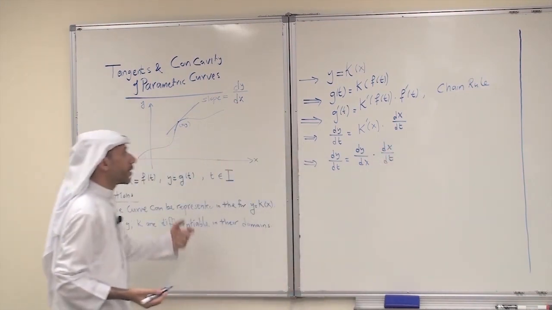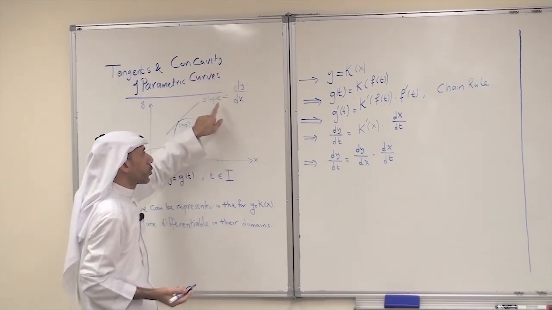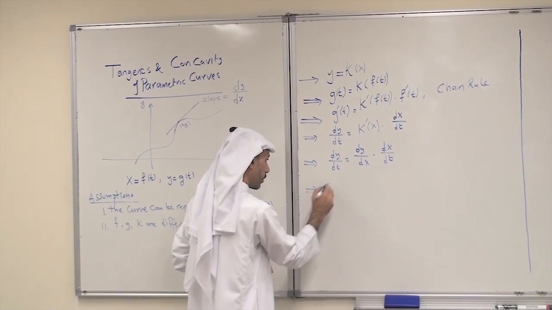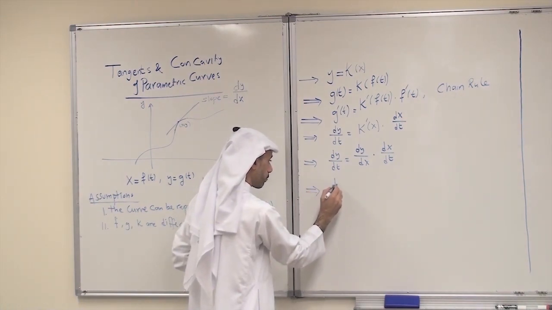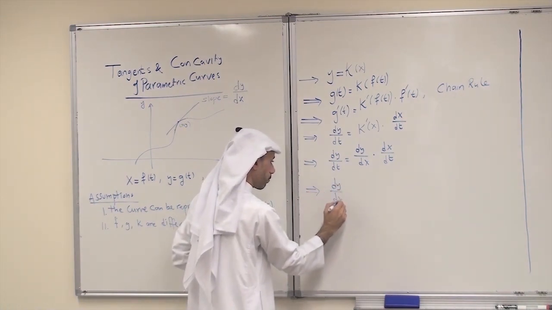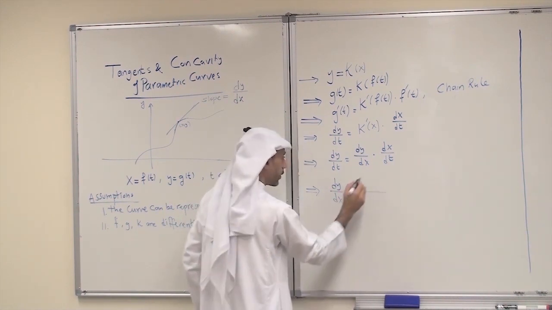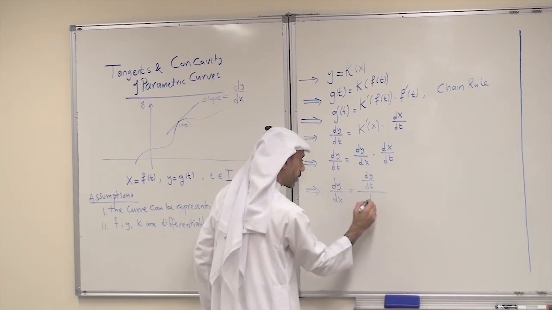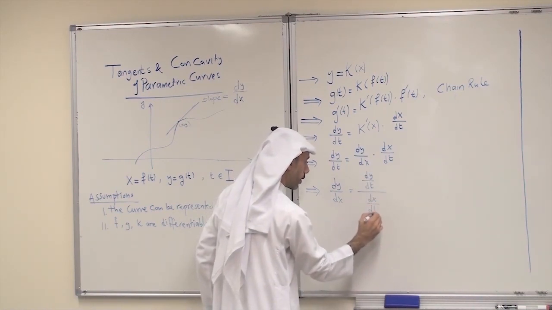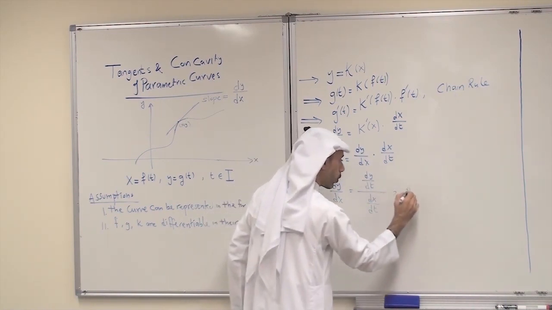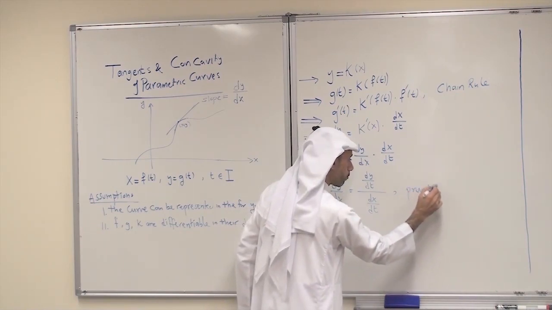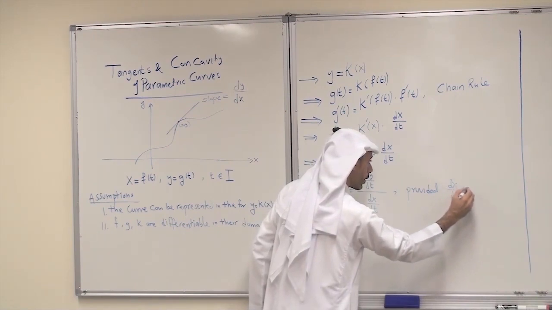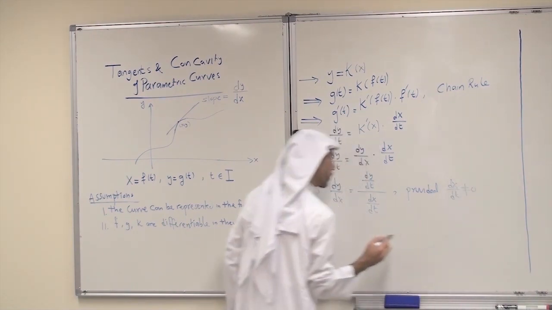I want to find the derivative dy/dx, which will be the slope. So now just solve for dy/dx. This equals dy/dt over dx/dt, provided that dx/dt is not equal to 0.